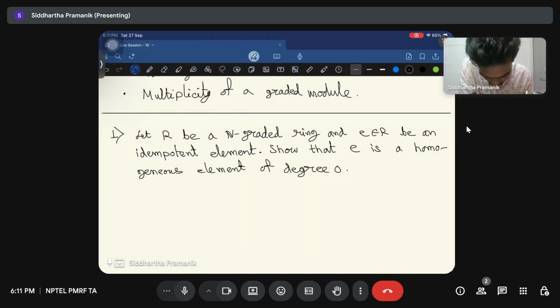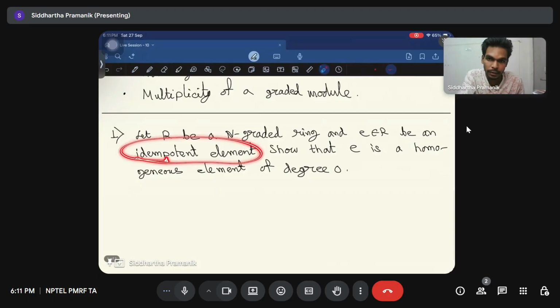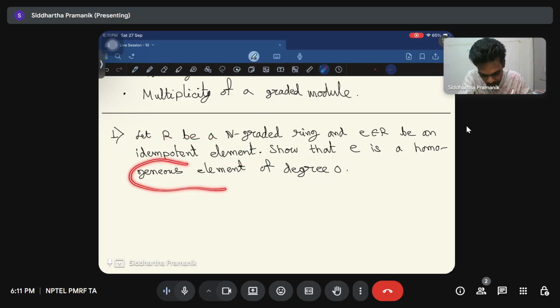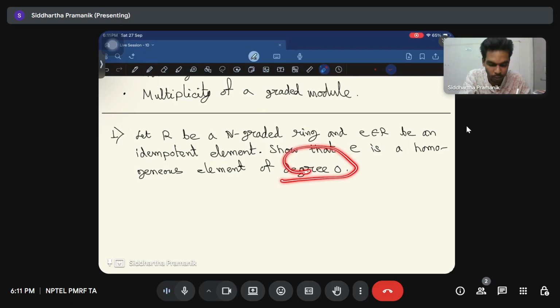So if in an N graded ring we pick an arbitrary idempotent element, then that element has to be a homogeneous element and its degree has to be 0. So we have to prove two things: that it is a homogeneous element, and the second thing is that its degree is 0.